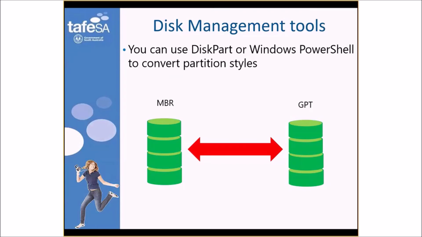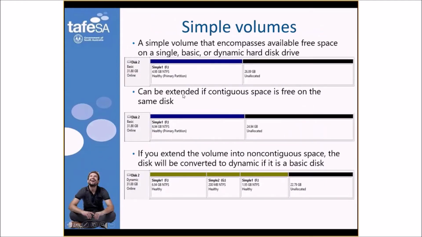So disk management tools, we can use diskpart or PowerShell to convert partition styles from MBR to GPT and vice versa. We can create simple volumes, like I just showed you quickly, and we can give them a drive letter. And you know what?